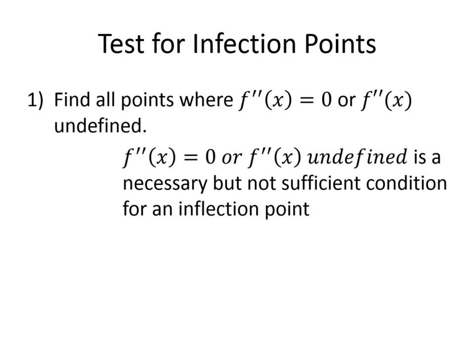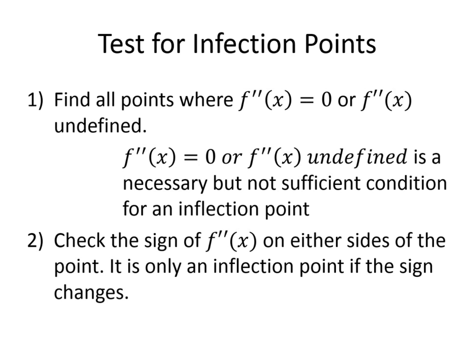So once you have found those points, the only thing you can do is to pick 2 test points, one on either side of the potential inflection point, and check whether or not the second derivative changes signs. If the second derivative changes signs from the left to the right of the potential inflection point, it is actually an inflection point.